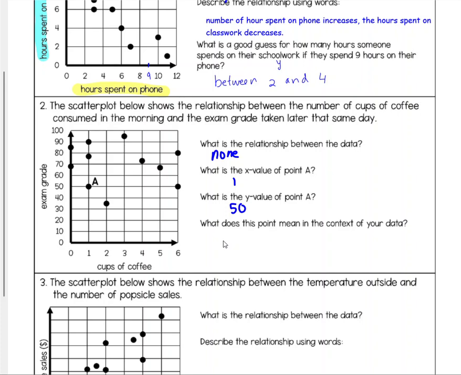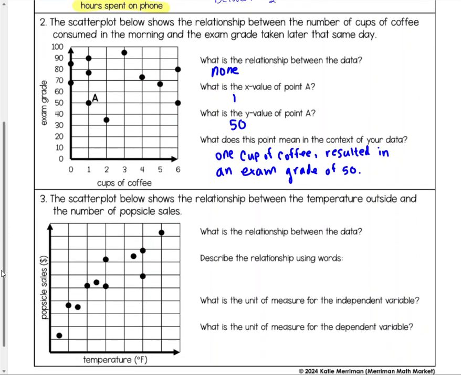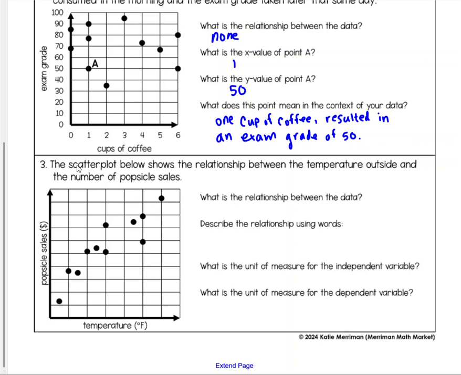Okay, what does this mean? Exactly what I said. This point means that this person drank 1 cup of coffee. Okay, so that's that. All right, another scatter plot.